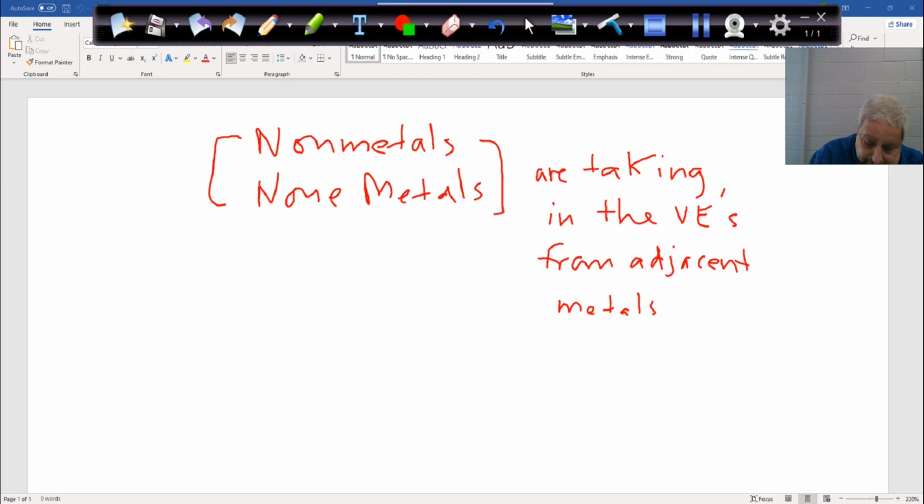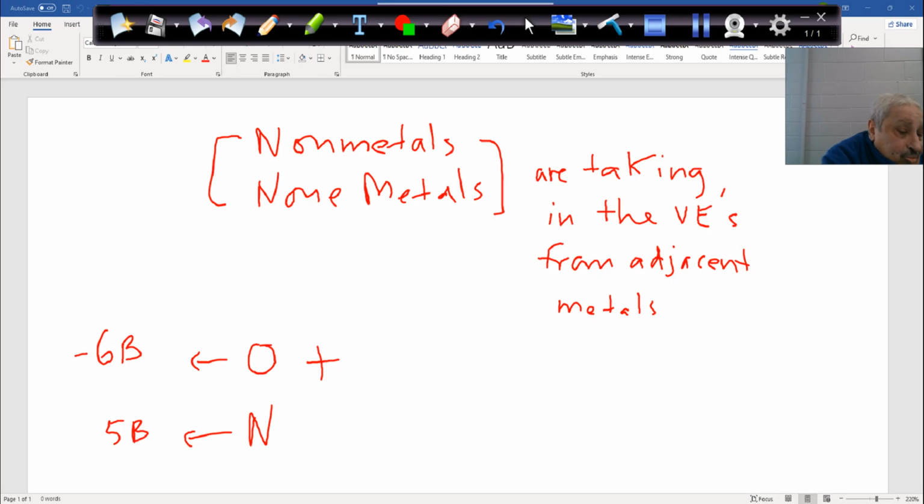If I look at, for example, oxygen or nitrogen as an element, oxygen is in group 6B and nitrogen is 5B, correct?